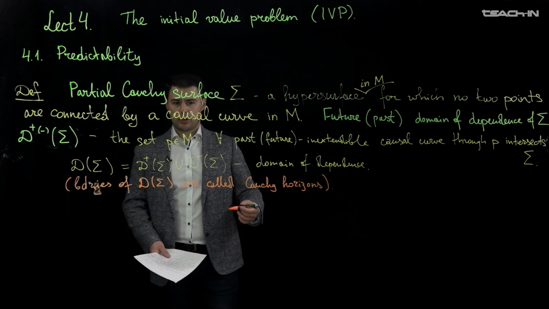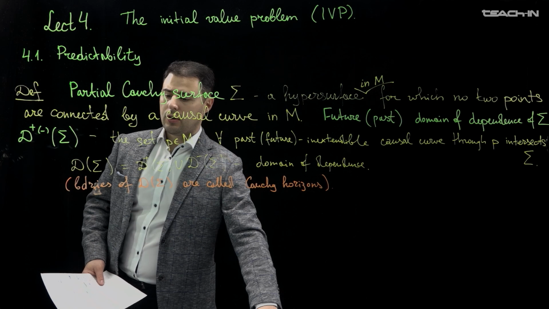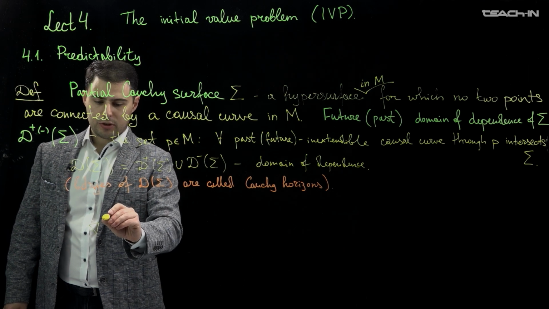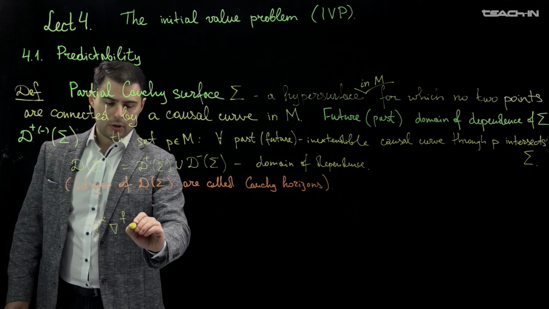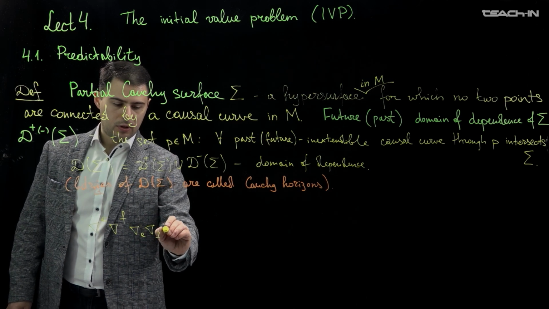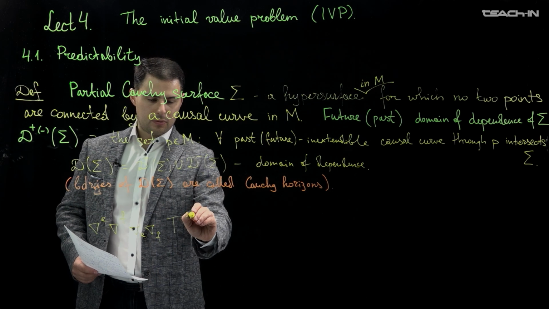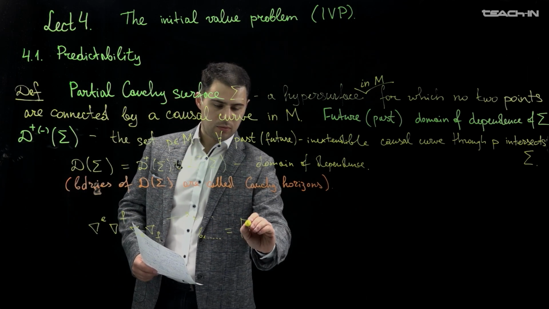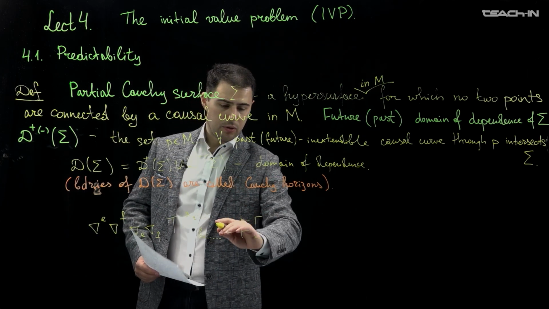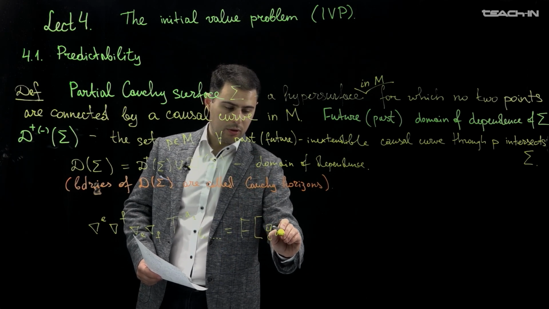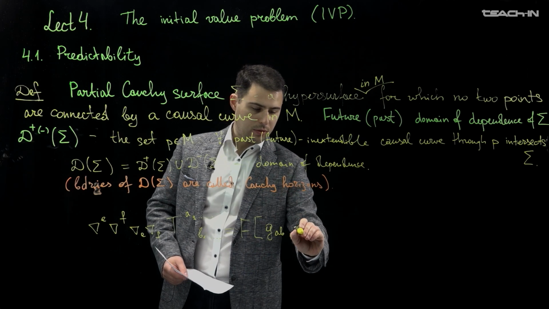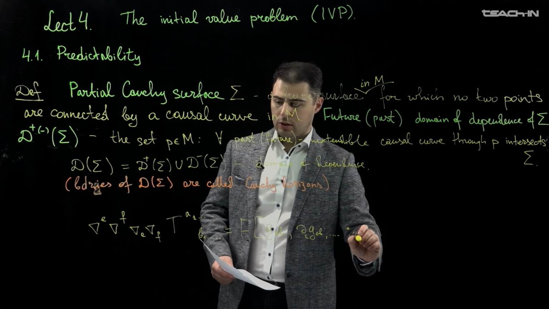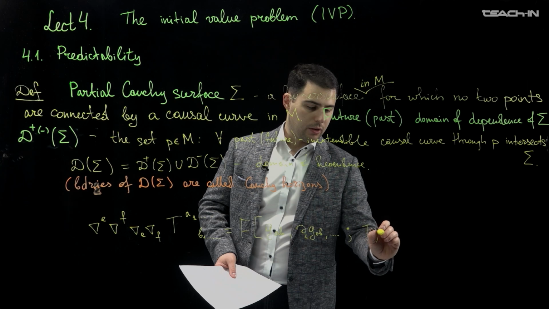And by hyperbolic partial differential equations, we mean second order partial differential equations of the form where the right-hand side depends on the metric and its derivatives, and the matter fields and their first derivatives.